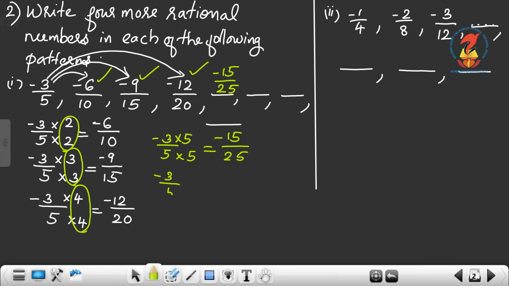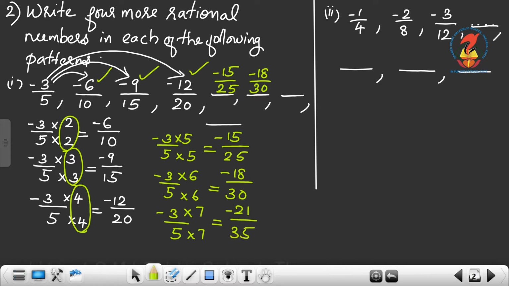Then negative 3 by 5, we have to multiply with the 6. We will get negative 18 by 30. So the next rational number is negative 18 by 30. Then negative 3 by 5 into 7, both numerator and denominator by 7, negative 21 by 35.